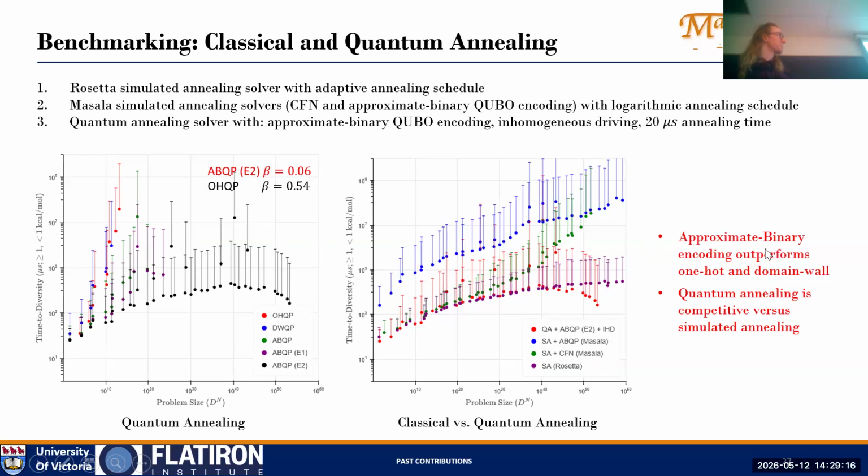The main takeaways of this work being that approximate binary encoding outperforms one hot and domain wall encoding, at least in this benchmarking set. And quantum annealing, even at this stage, without error correction or problem specific embeddings, is competitive with highly optimized simulated annealing, again, on this benchmarking set.